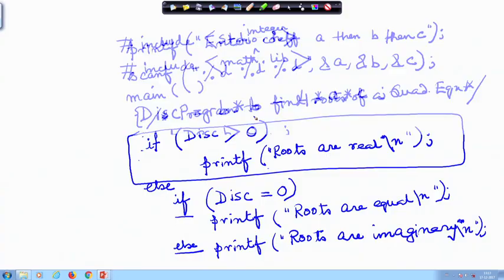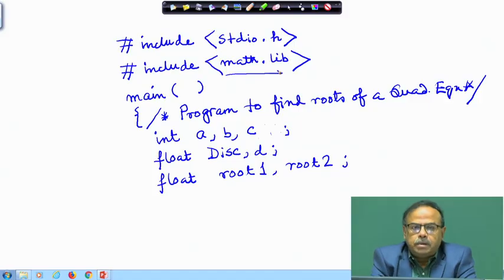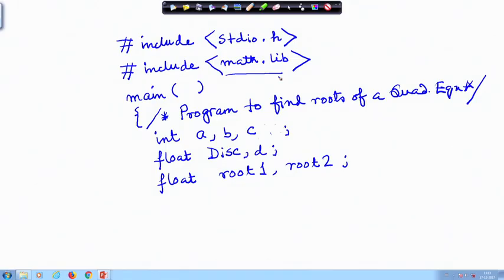Okay. So, you can see here, that is why I have included this math.h. That means, I will be using some library function here. .h means header. So, you will find in the course of these lectures and more examples, where you will see more library functions, but just for this we need the square root function.